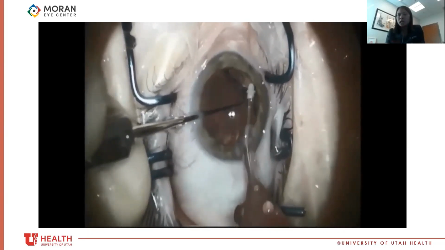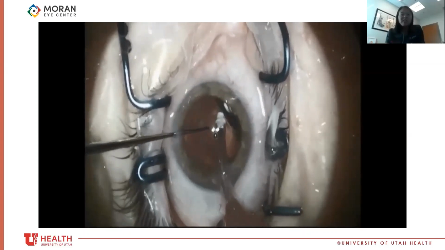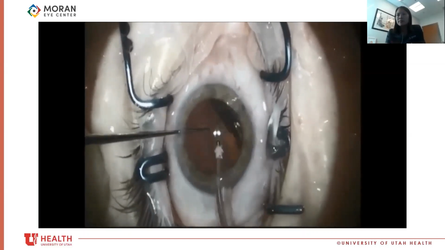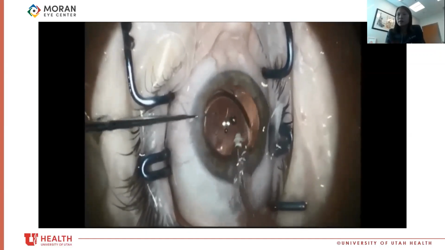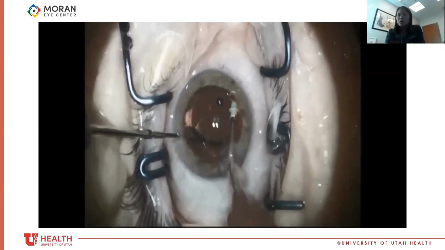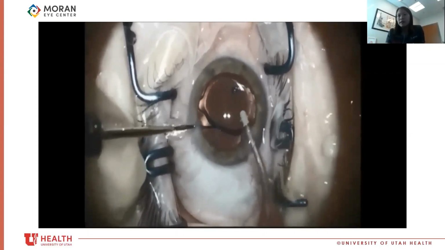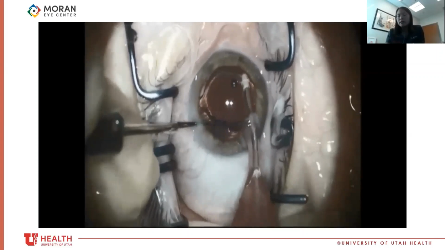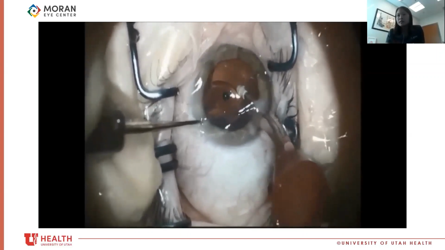So I'm keeping the irrigation in there. I'm thinking I can flip it, but I'm having some trouble. So I'm still flipped upside down. So I try to maybe flip it the other way, and still having some trouble.